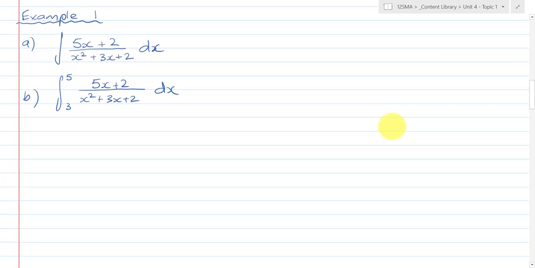If you see a question like this, with a linear term on top and something more complex on the denominator, and if I differentiate the denominator I get a linear term. So the first thing I'm going to do is consider d dx of x squared plus 3x plus 2.